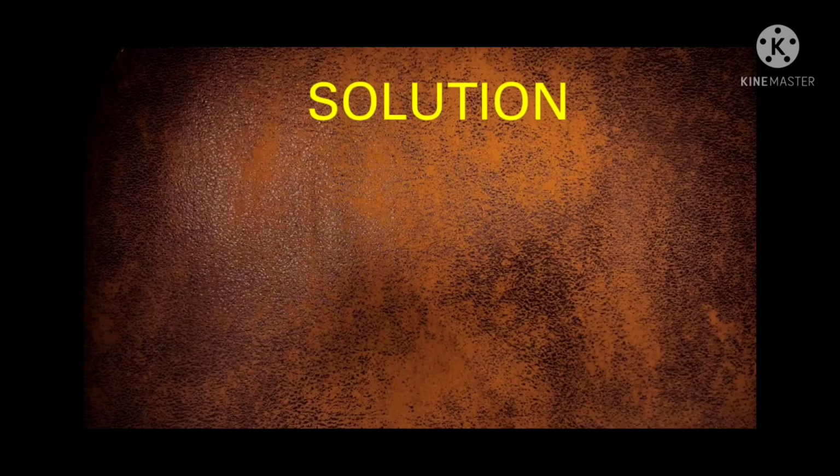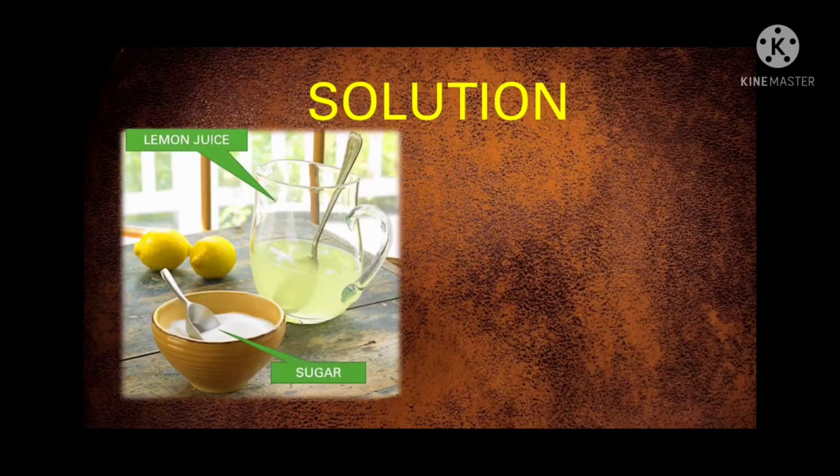Now children, let us see how chemical weathering occurs due to solution. As you all know children, water is a universal solvent and it is capable of dissolving more substances, meaning it has an ability to dissolve many substances than any other liquid.